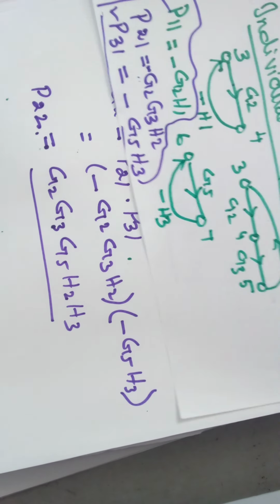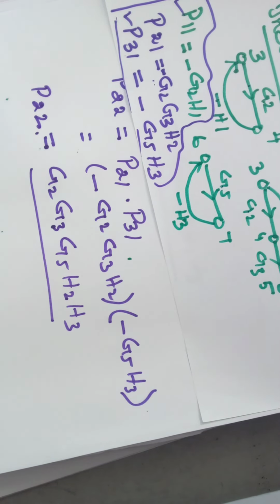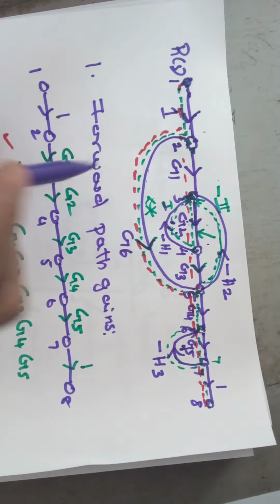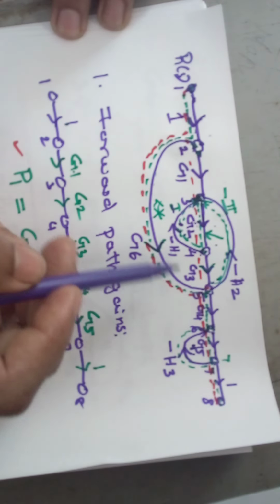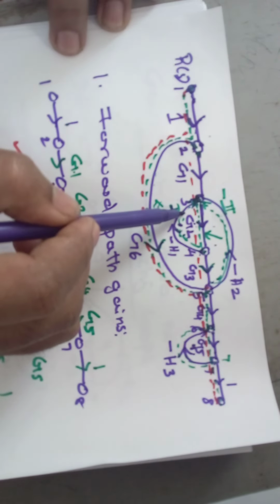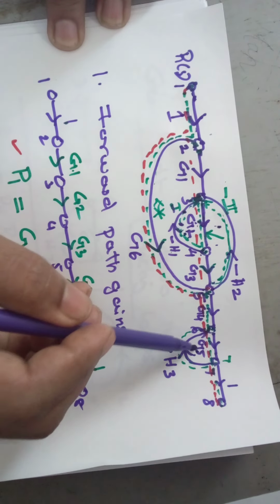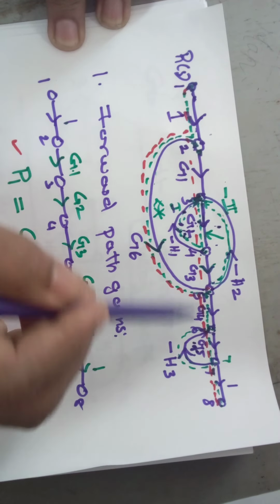Now you have found the gain product of two non-touching loops. Now let us see, are there any three loops which are not touching with each other? See here, this is the first loop, it is touching with this one, but it is not touching with this one. Therefore these two are a combination of two non-touching loops.